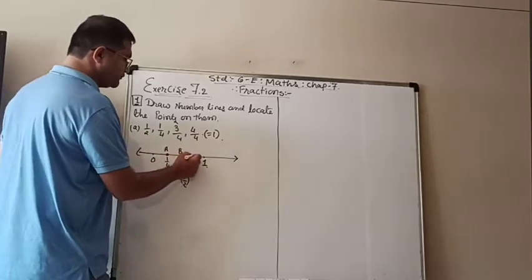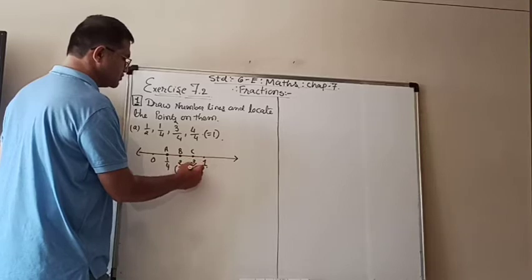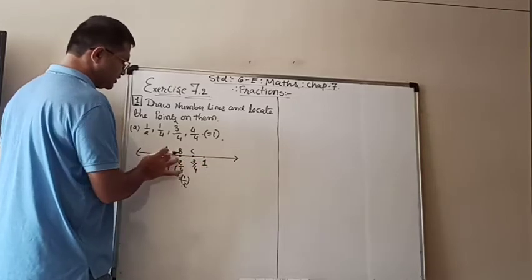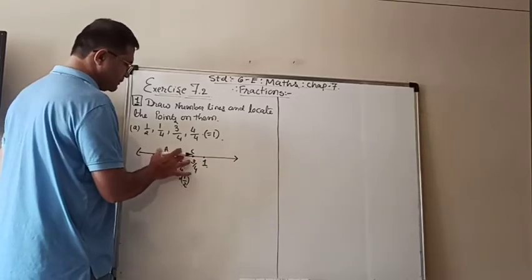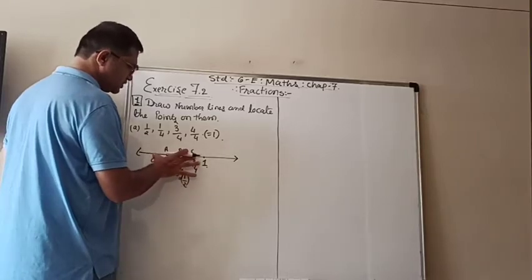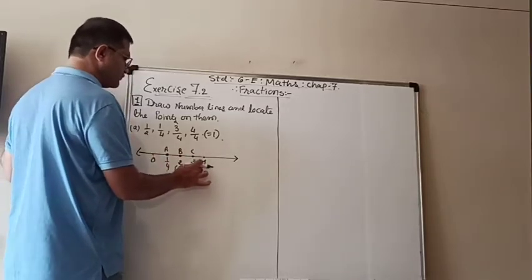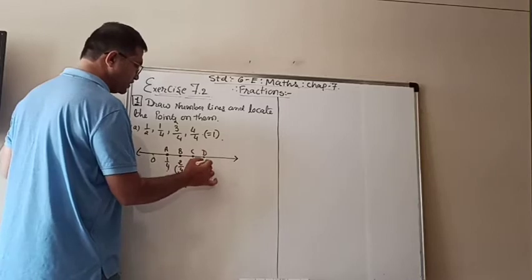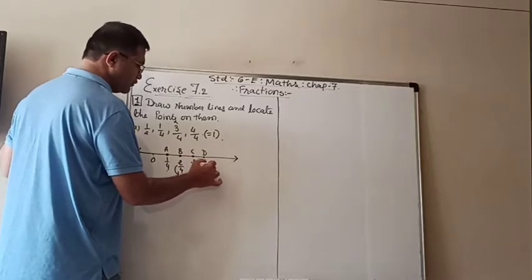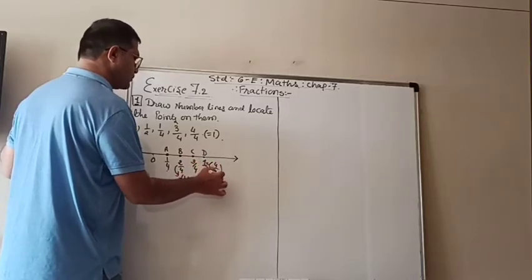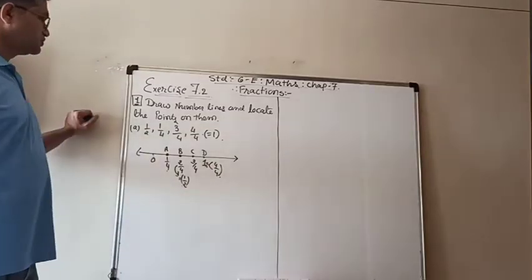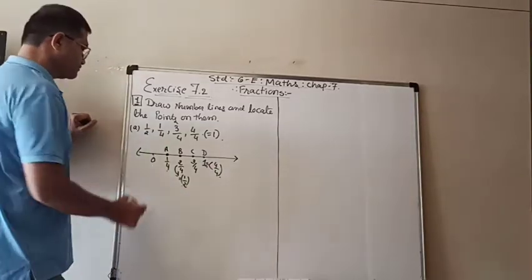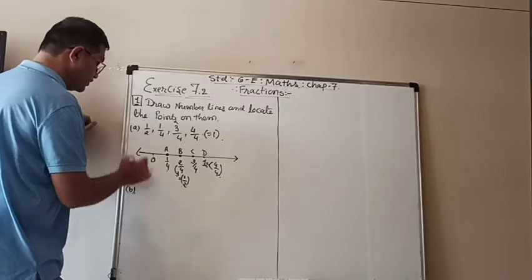This is 3 upon 4, C, because it is the third part. So 1 upon 4, the second part is 2 upon 4, the third part is 3 upon 4. And last, the point D is 1. 1 is equal to 4 upon 4. So that is the way you can locate the points.